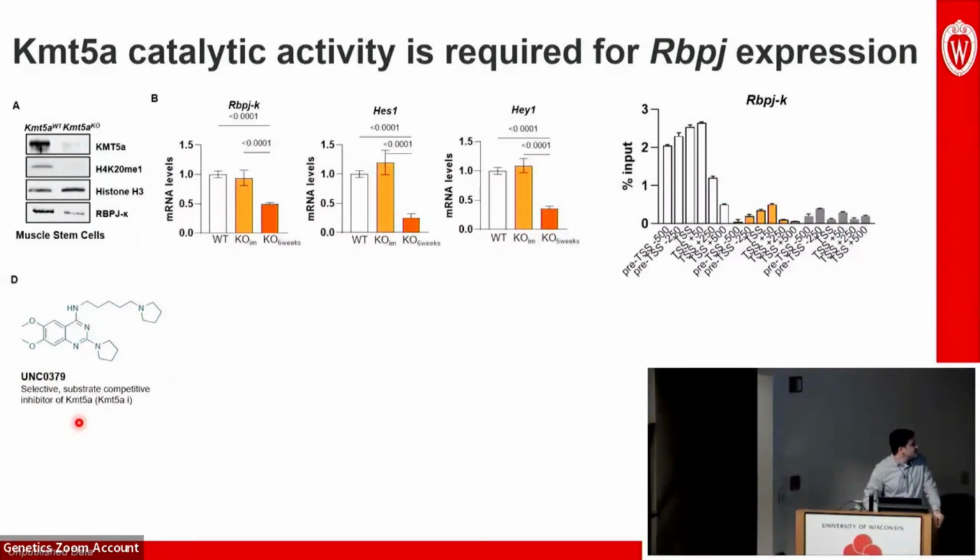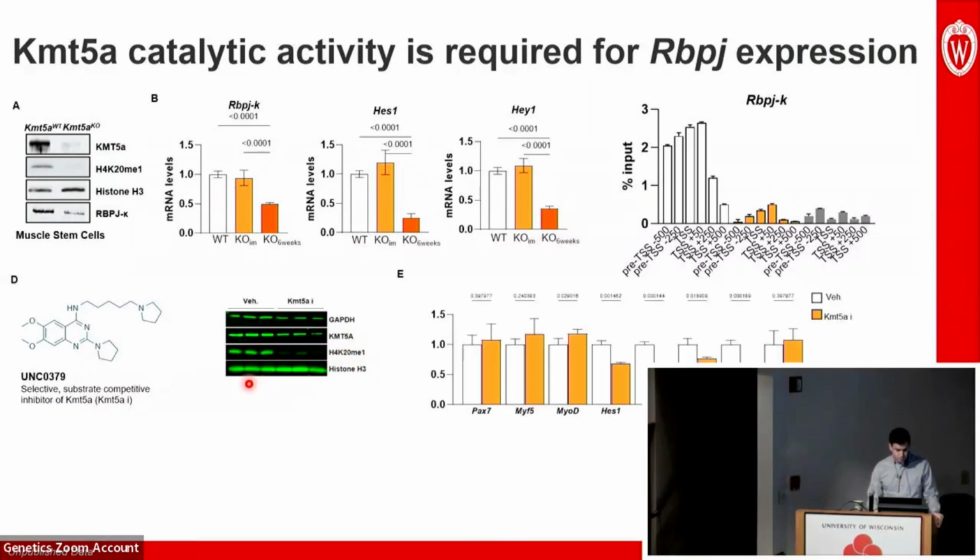Because it's a substrate competitive inhibitor, it doesn't prevent binding of the SAM, but only of the substrate pocket. So you don't lose any level of KMT5A per se, because that's not what you're targeting, but you are interrupting the de novo methylation of H4K20 monomethyl.